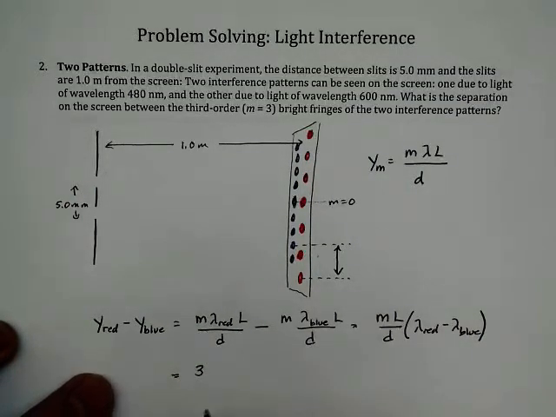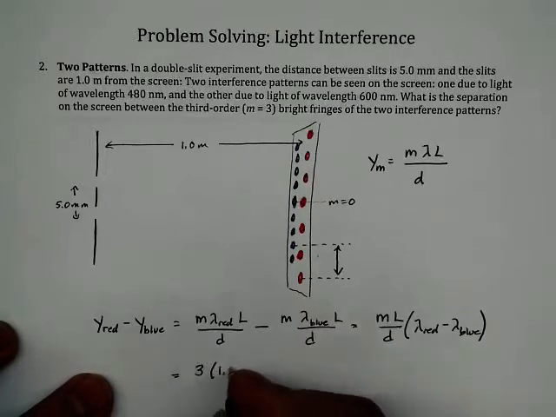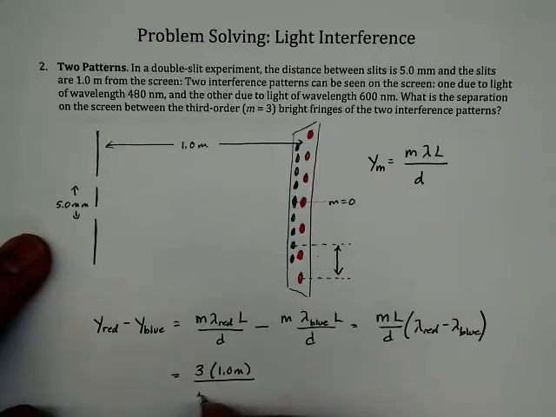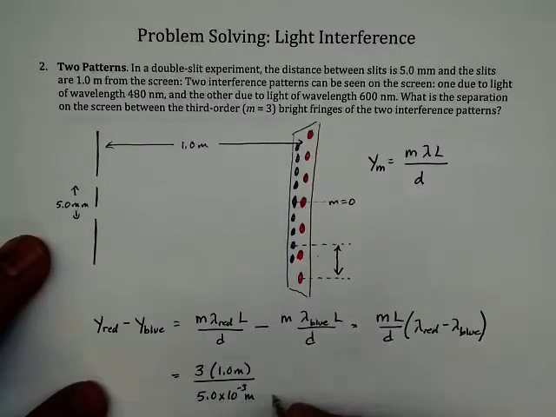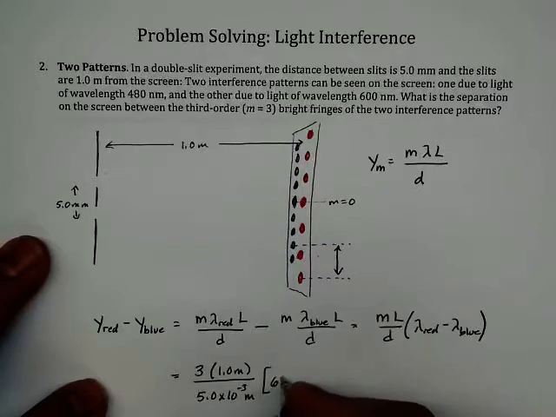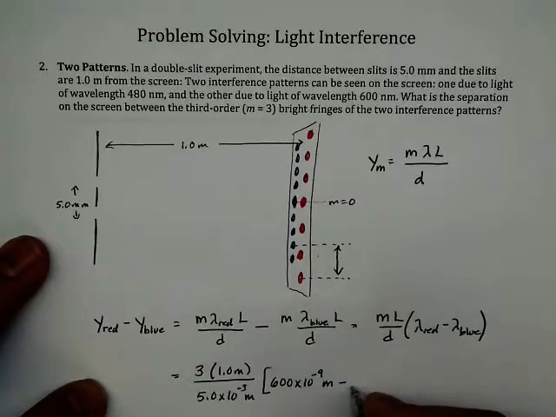We have 3 for the order. The length is 1 meter. The distance is 5 millimeters, so that's 5 times 10 to the minus 3 meters. And the difference in wavelengths, the red is 600 nanometers, so 600 times 10 to the minus 9 meters. And the blue is 480.